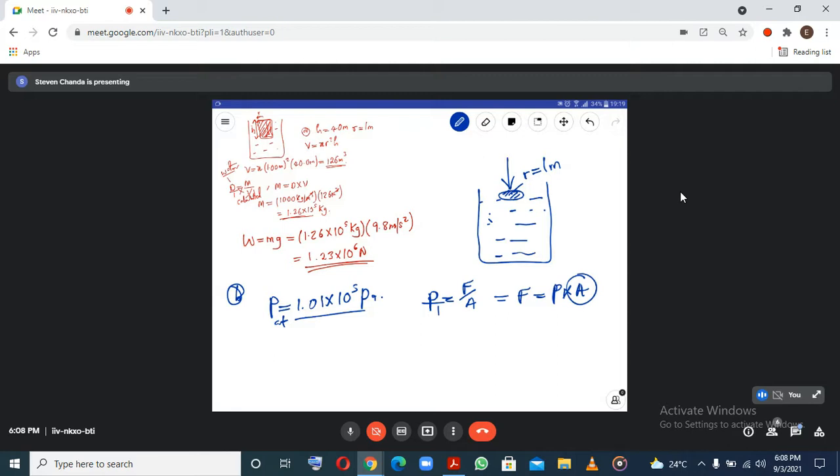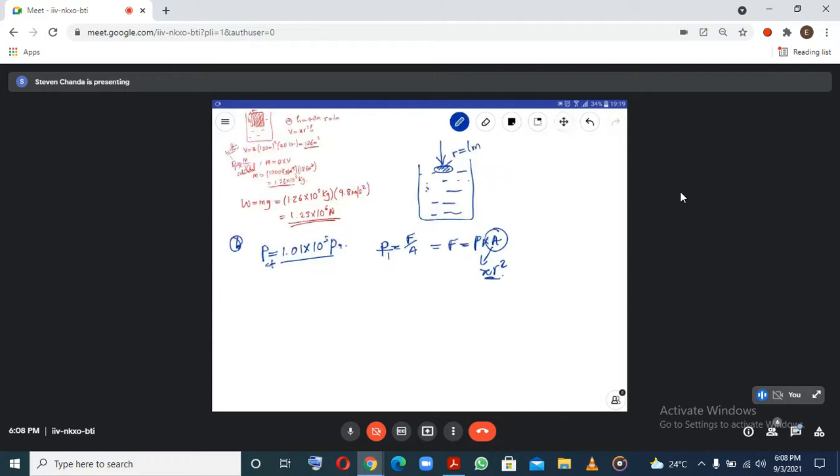So we know that the area of this is going to be pi r squared, isn't it? So the force that we are looking for is actually the pressure times pi r squared.